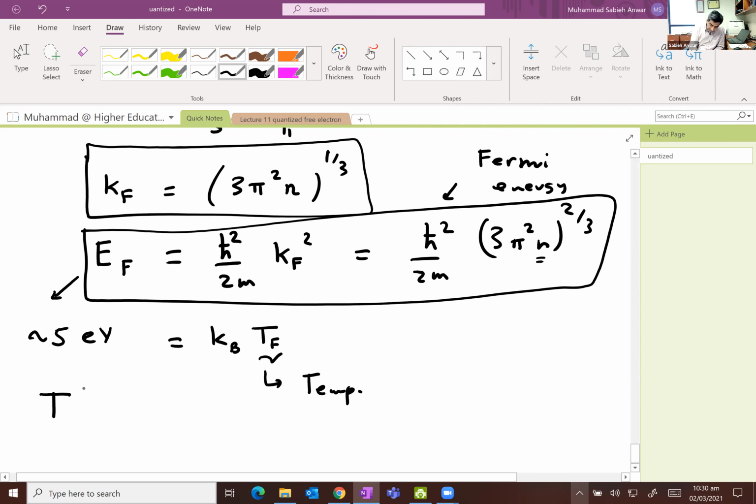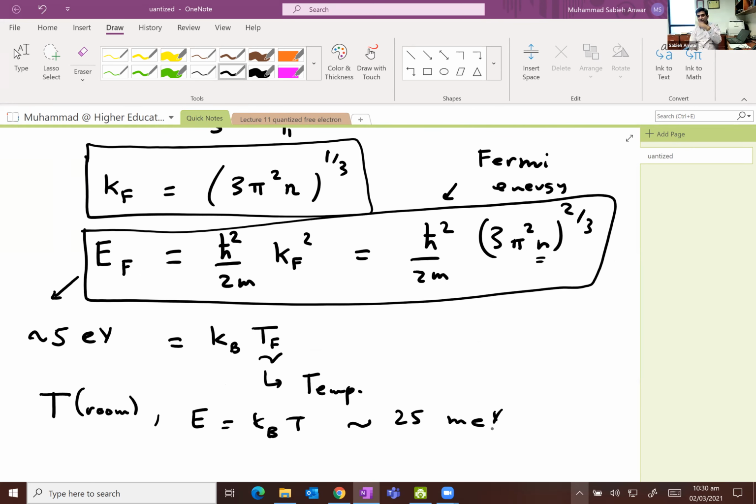At room temperature, the energy kBT is about 25 milli electron volts. So now you have a metal, and even if it were at room temperature, and suppose that the Fermi energy does not change with temperature, the Fermi energies and the Fermi temperatures are much larger than kBT.